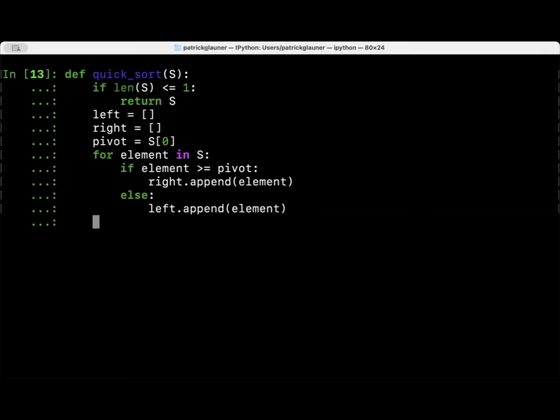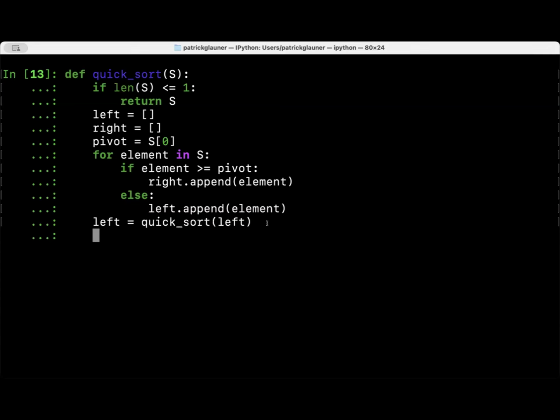And now I'm doing exactly the same as before with the left sublist. I can recursively split the left again into left and right. And eventually the quicksort will still do a few steps that we will see.